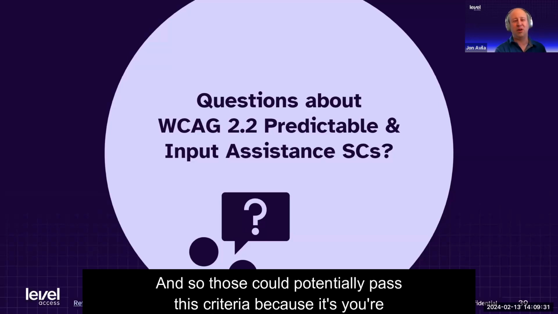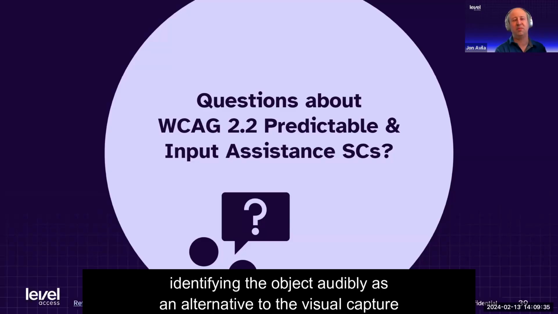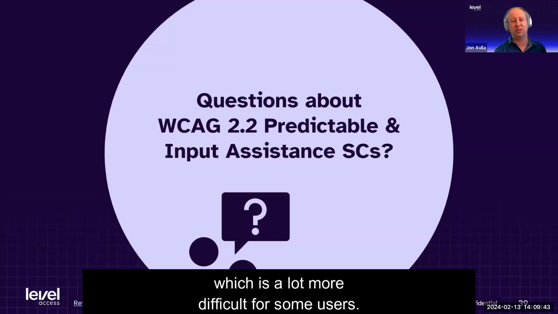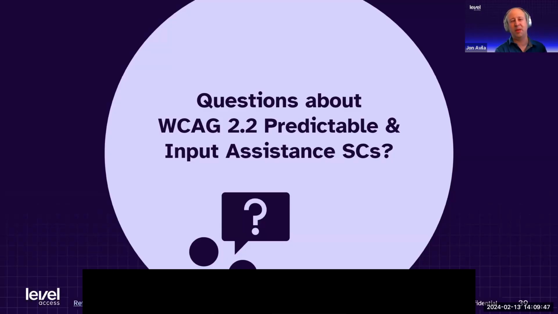And so those could potentially pass this criteria because you're identifying the object audibly as an alternative to the visual CAPTCHA, rather than having to transcribe an audio message, which is a lot more difficult for some users.